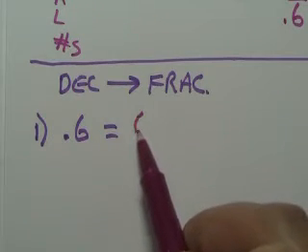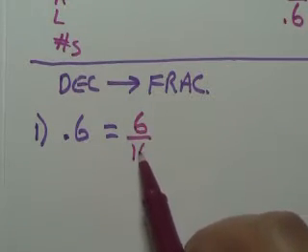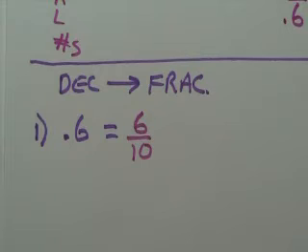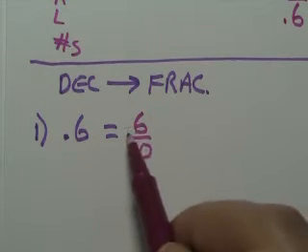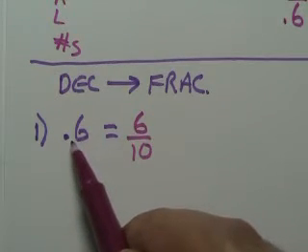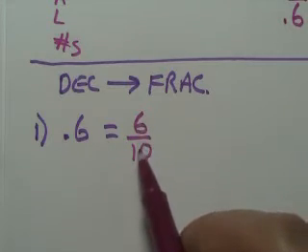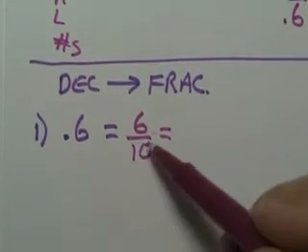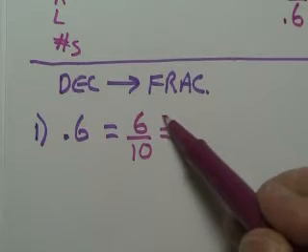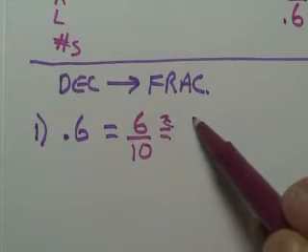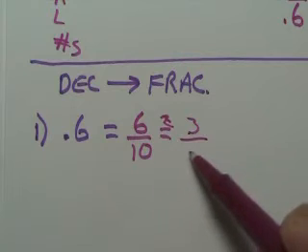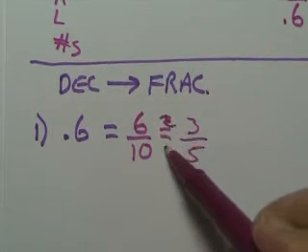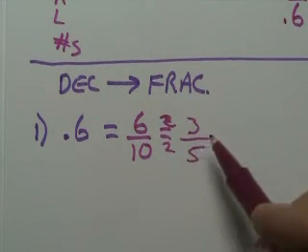So now you write it, 6/10. And of course that can be reduced. I know that 2 goes into both of these, right? That would be 3 and 5.